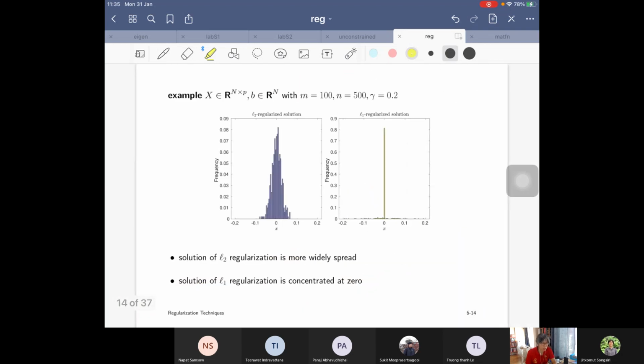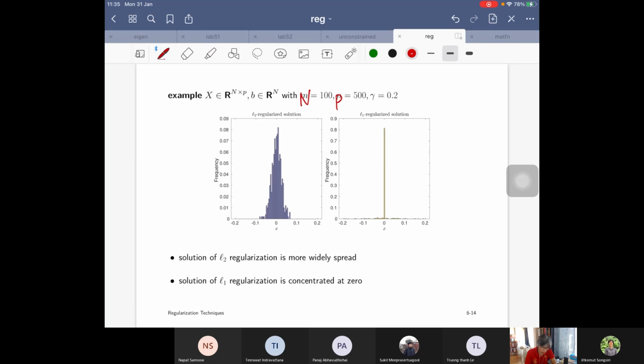Okay, here are some results to get observations. I solved the Lasso problem. It still contains a mistake, sorry. The number of samples, big N, is 100. The number of predictors is 500.